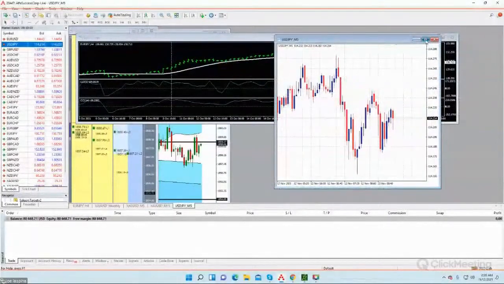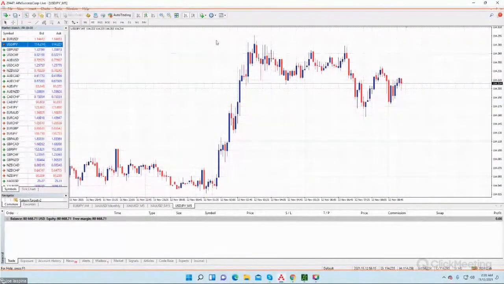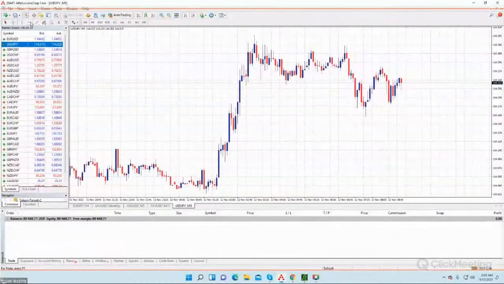Like dollar yen, we have 114. So every day, there are two kinds of option.